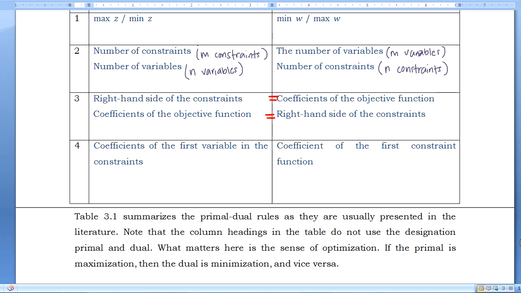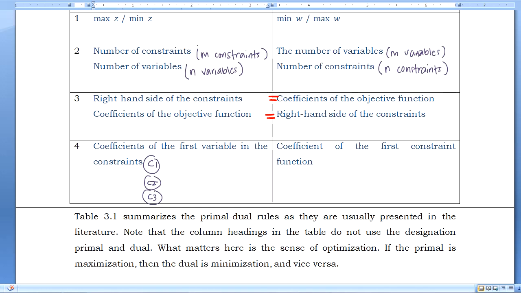This means that in the primal, let's say we have 3 constraints: constraint 1, constraint 2, and constraint 3.